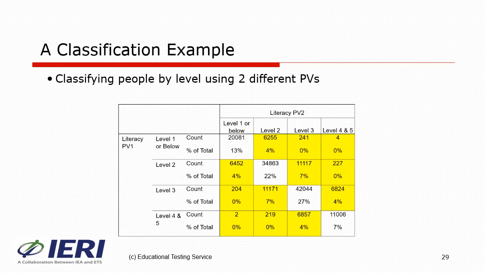And notice how, while most cases are classified in the same achievement level or performance group, many people are still not classified in the same. Their classification will vary depending on which plausible value you use. This is a feature of the plausible values that highlights the unreliability of the measurement that we have, and it allows you to get an estimate of that unreliability.